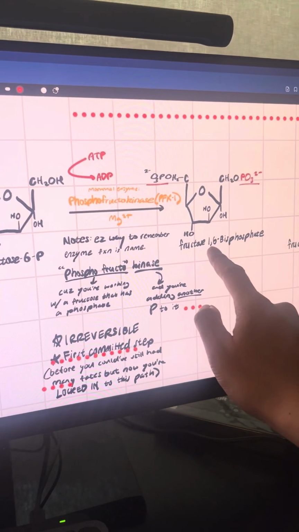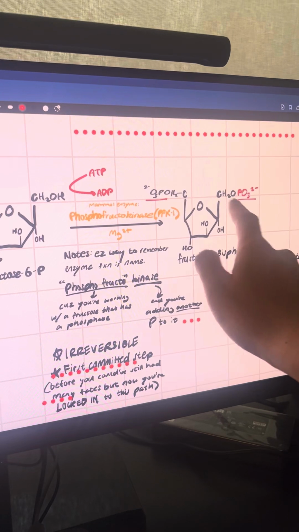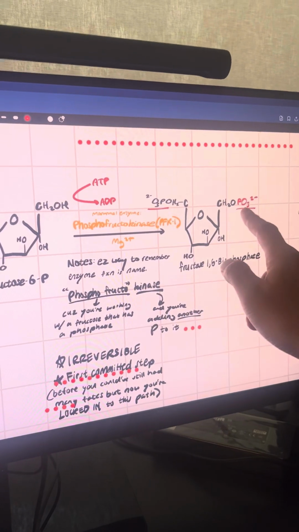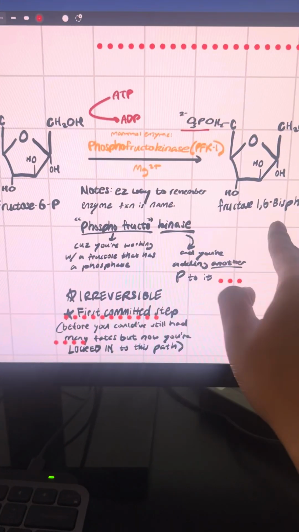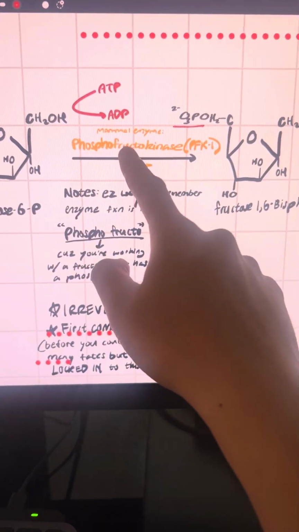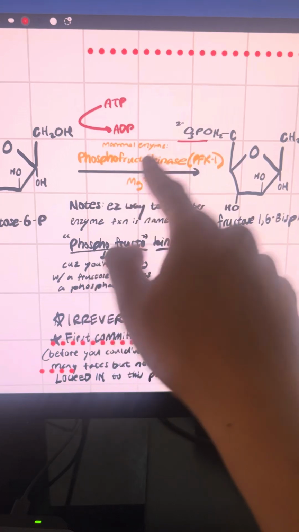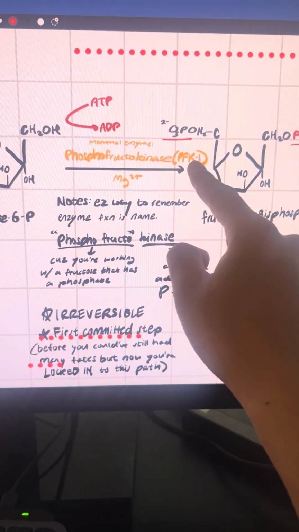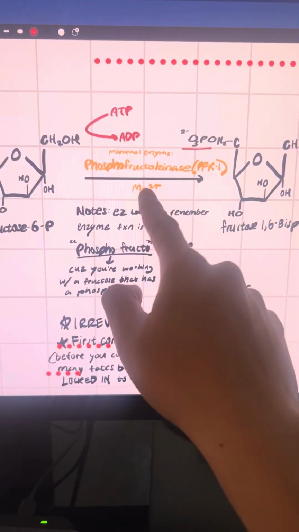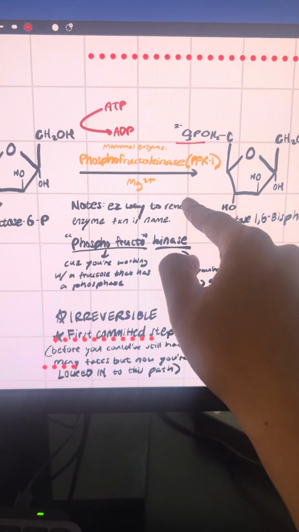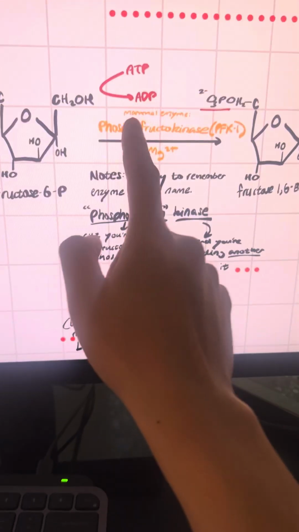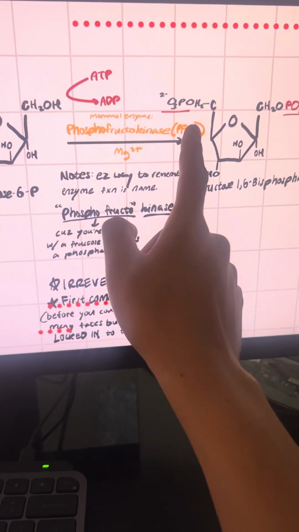This one has 2 phosphates, 1 on the 6-carbon, and 1 on the 1st-carbon. So what enzyme catalyzed this reaction? Phosphofructokinase 1, also known as PFK1. Its cofactor is Mg2+.